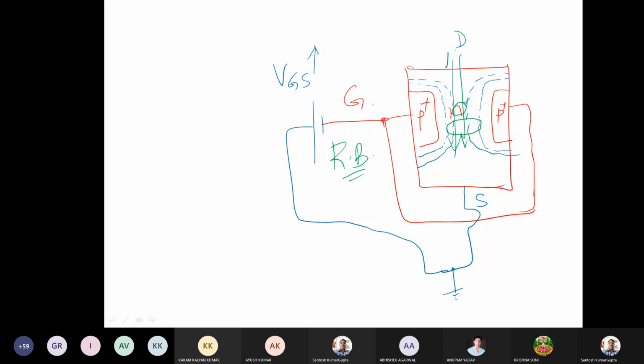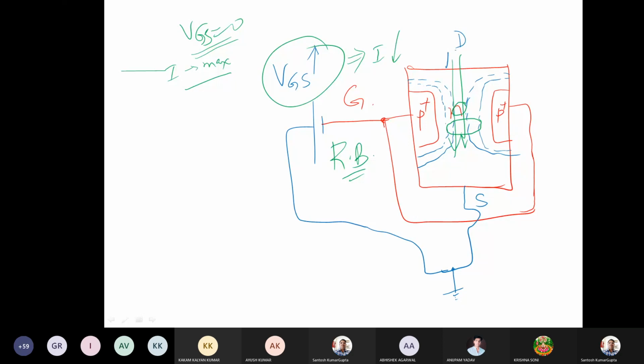So we can decrease the current, but we cannot increase it. The maximum current is for VGS equal to 0, when it is not biased. If we increase VGS, the current is going to decrease, so we can only decrease the current in such a case.